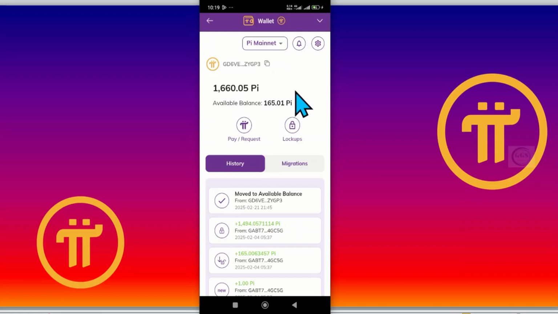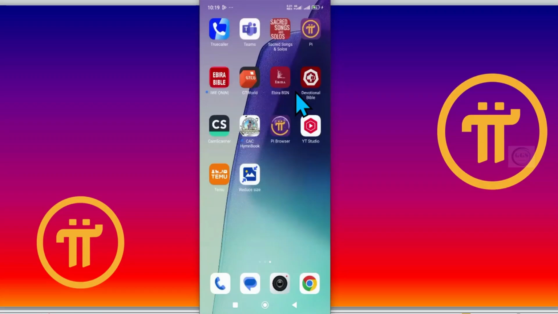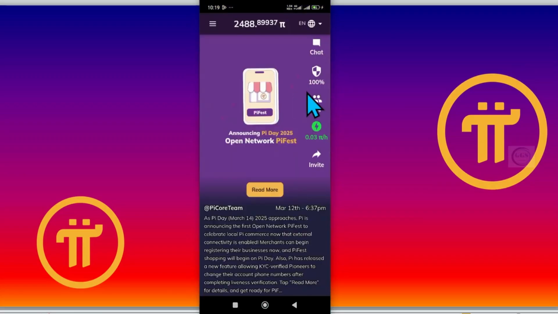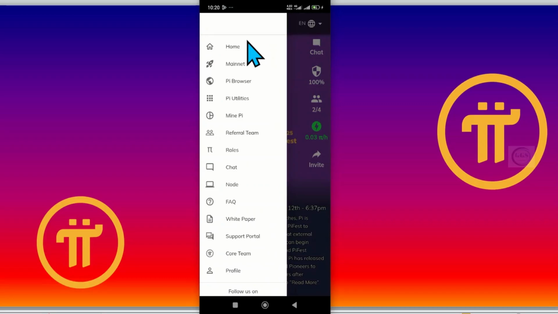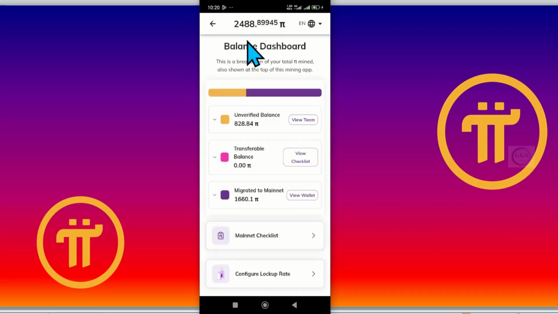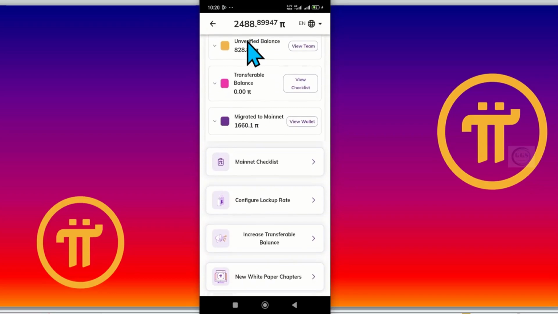So let's open the Pi mining app. This is the same account, and if I come here and click on this three-line menu and come to mainnet, this is the amount migrated, as shown to you initially in the wallet.